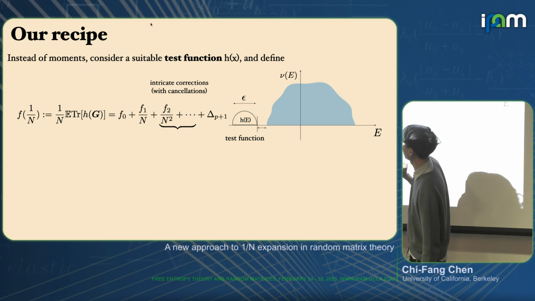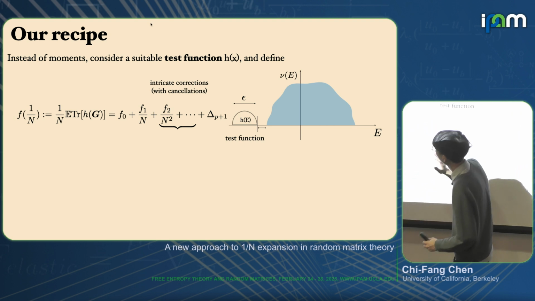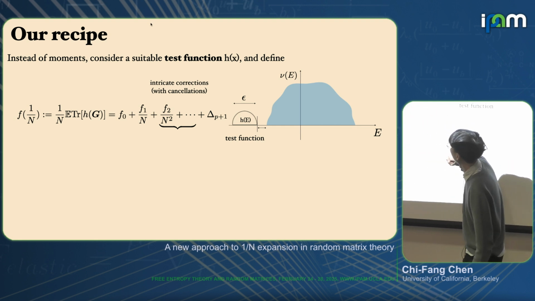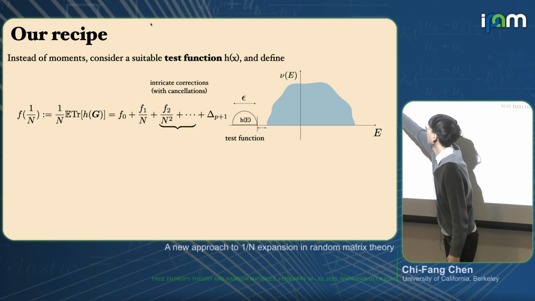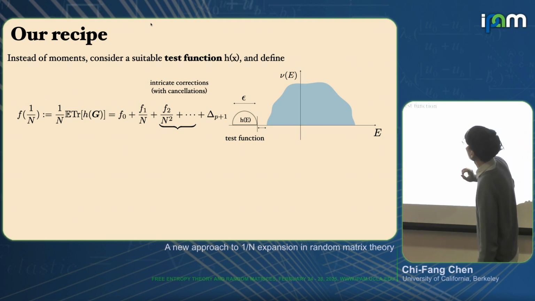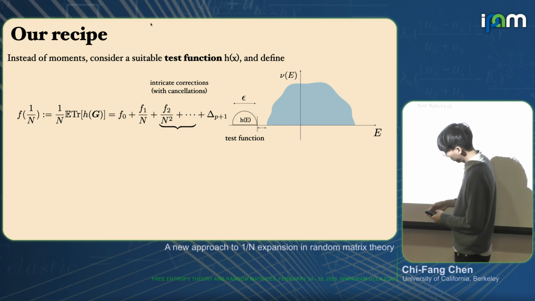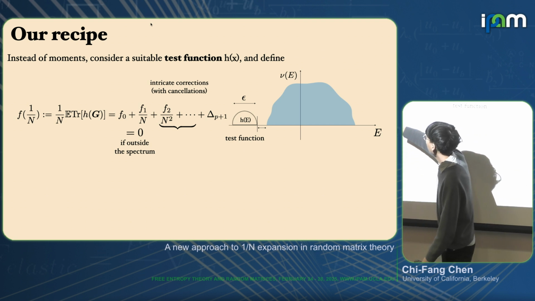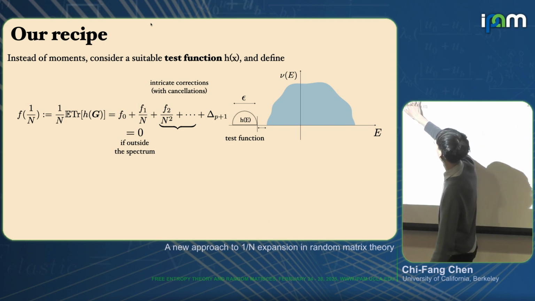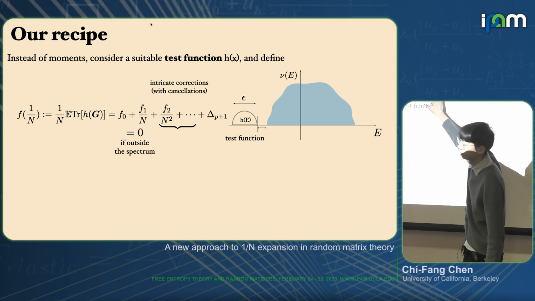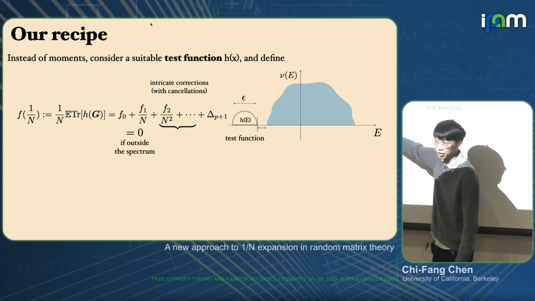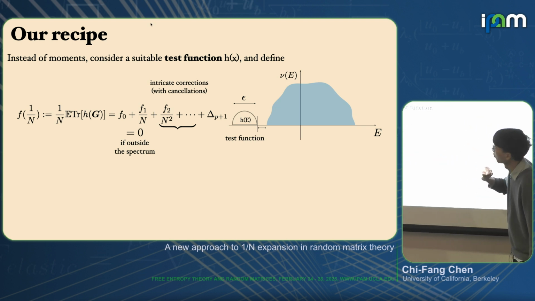So once you take a suitable test function that has low enough degree, effectively you can plug into this argument. You say, okay, let's look at this guy, expanding the 1 over n series. As long as you know that the first 2 terms are good, suppose your test function is not in the bulk, it's outside, and you're able to say this is 0, then you're in good shape, right?